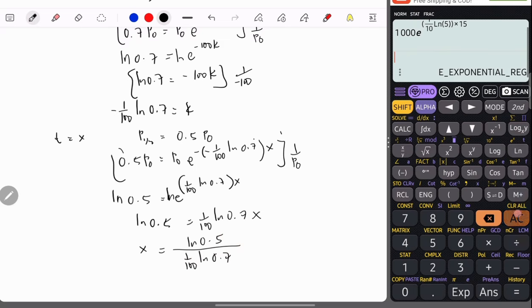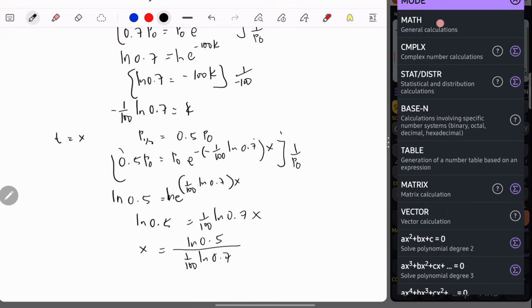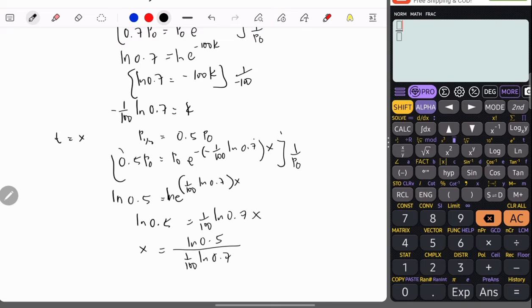So, use your calculator. ln 0.5 over 1 over 100 ln 0.7. Answer is 194. So, it will take 194 days to have a half-life.